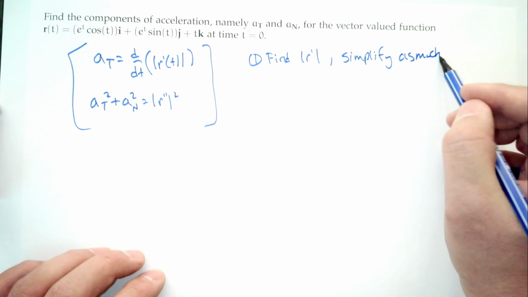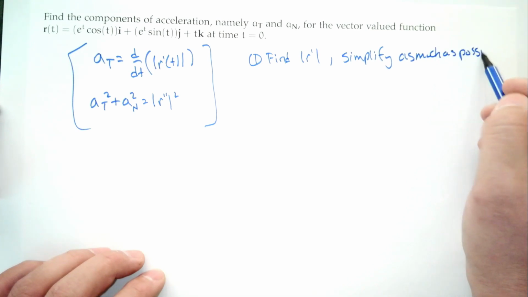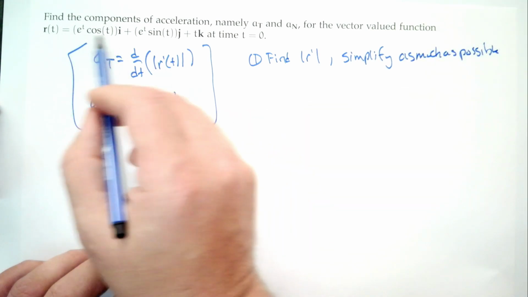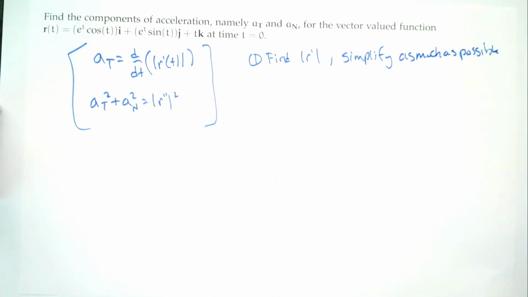And you should be a little bit nervous because you're like, but Steve, look at this, there's cosines and sines. When you see cosines and sines, there's going to be a ton of cancellation, or you're going to get sine squared plus cosine squared. If you see sines and cosines and you're not getting tons of cancellation, you're doing something very wrong. Just be careful, all right?